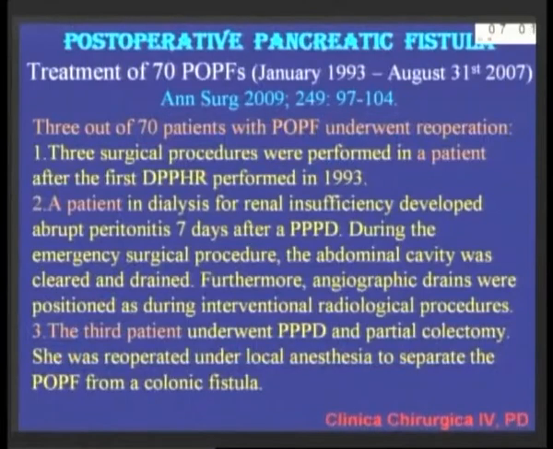And the 3 surgical procedures are as follows. One was in 1993, in the first patient we treated, with duodenum-preserving pancreatic head resection for benign pancreatic disease of the head of the pancreas. And this was the worst result because he underwent 3 surgical procedures.